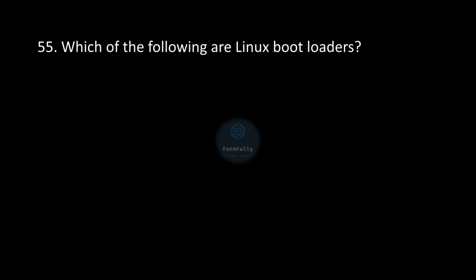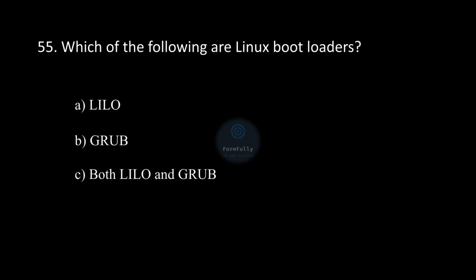Next question. Which of the following are Linux bootloaders? Options are LILO, GRUB, both LILO and GRUB, BIOS. So the correct option is C, both LILO and GRUB, as LILO stands for Linux Loader and GRUB stands for Grand Unified Bootloader.